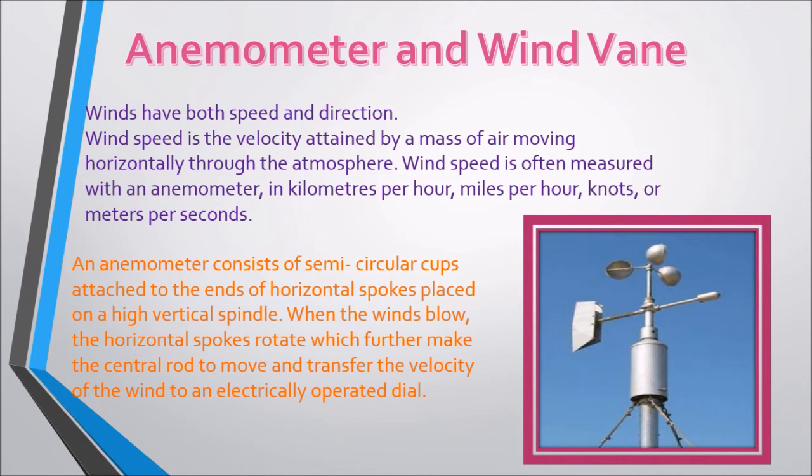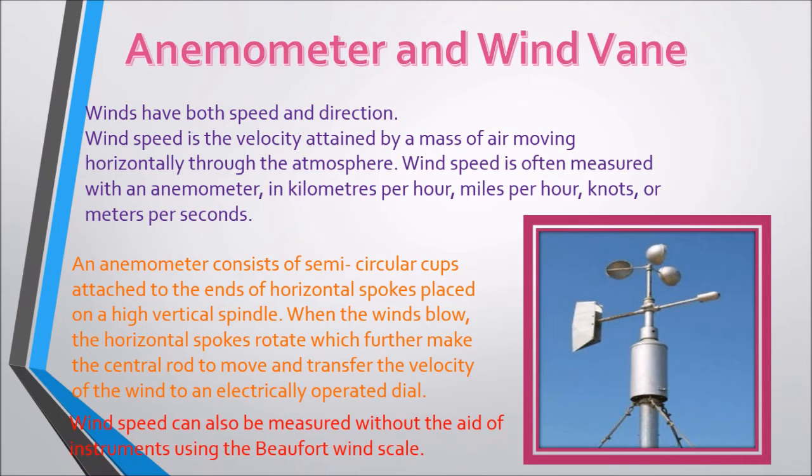An anemometer consists of semicircular cups attached to the ends of horizontal spokes placed on a high vertical spindle. When the winds blow, the horizontal spokes rotate, which further make the central rod to move and transfer the velocity of the wind to an electrically operated dial. Wind speed can also be measured without the aid of instruments using the Beaufort wind scale.